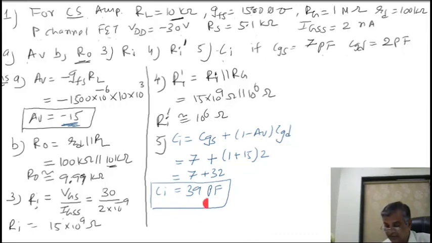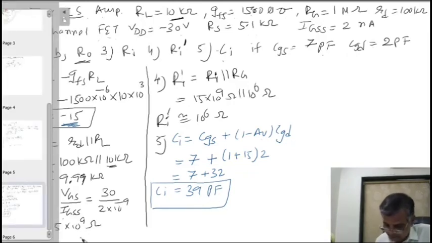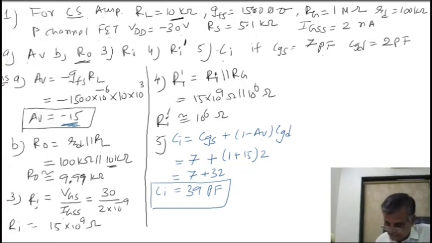So you can see your input resistance increases. Due to the Miller effect, the input resistance of the common source amplifier increases. That you can see in this numerical. Here I am ending my lecture.